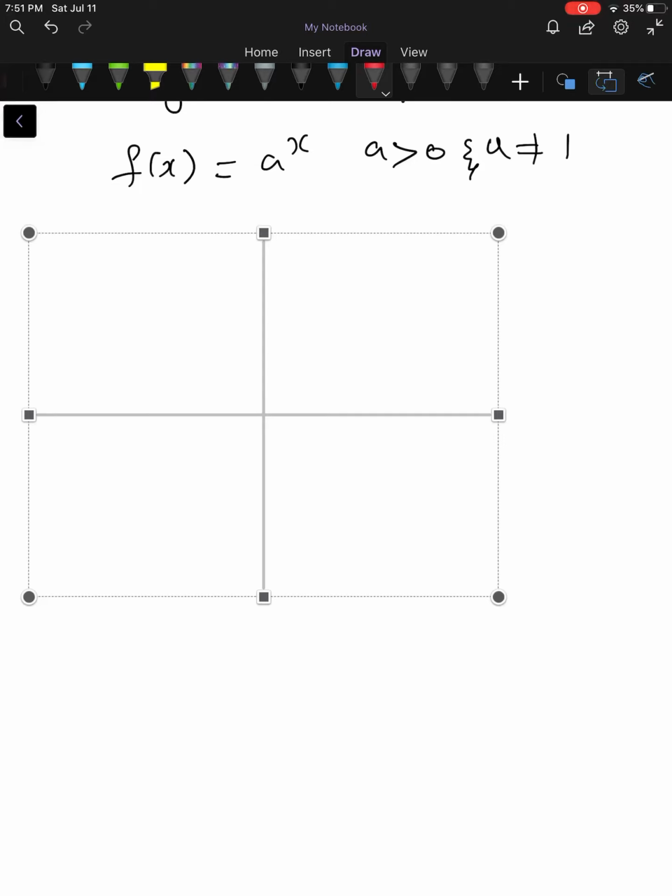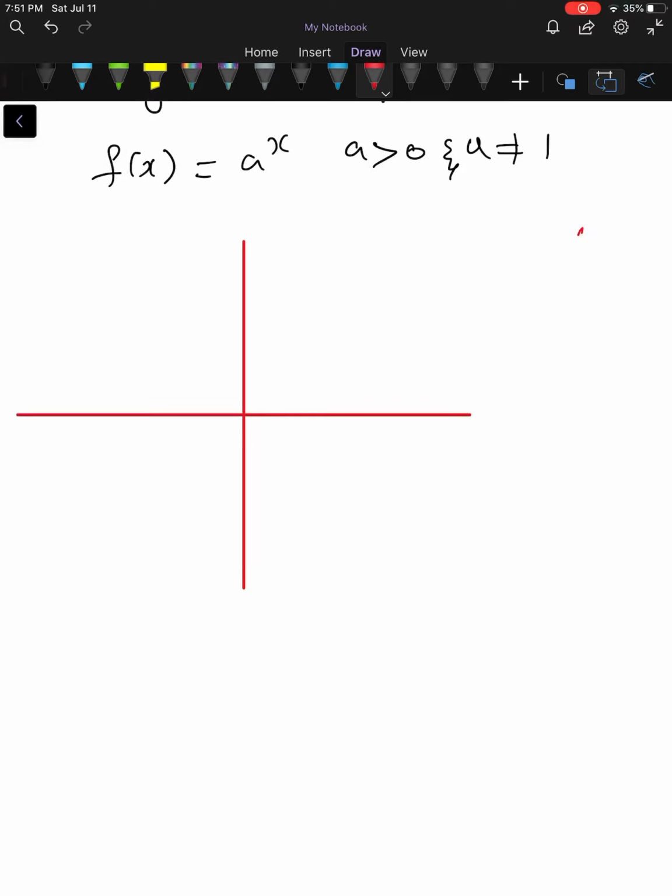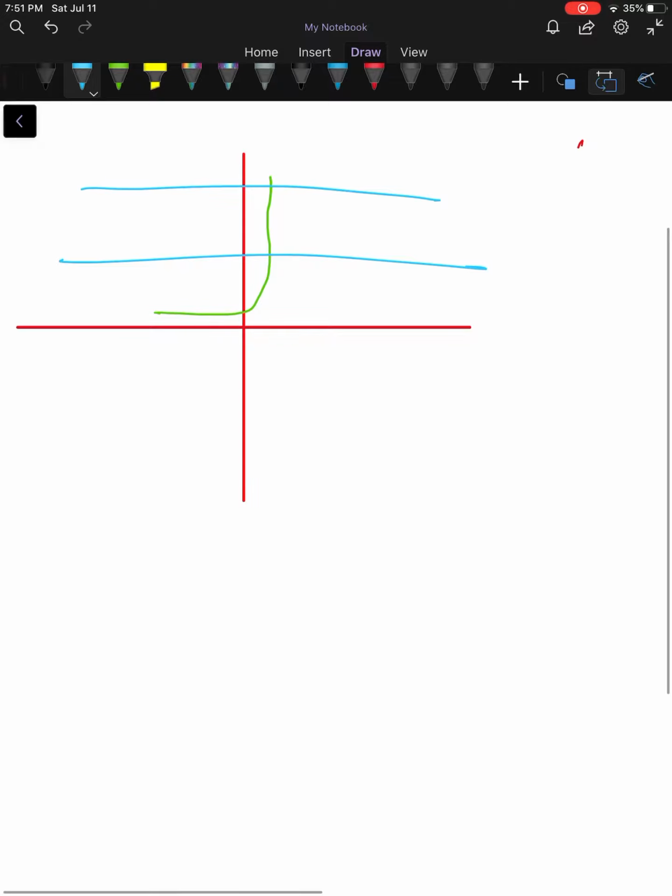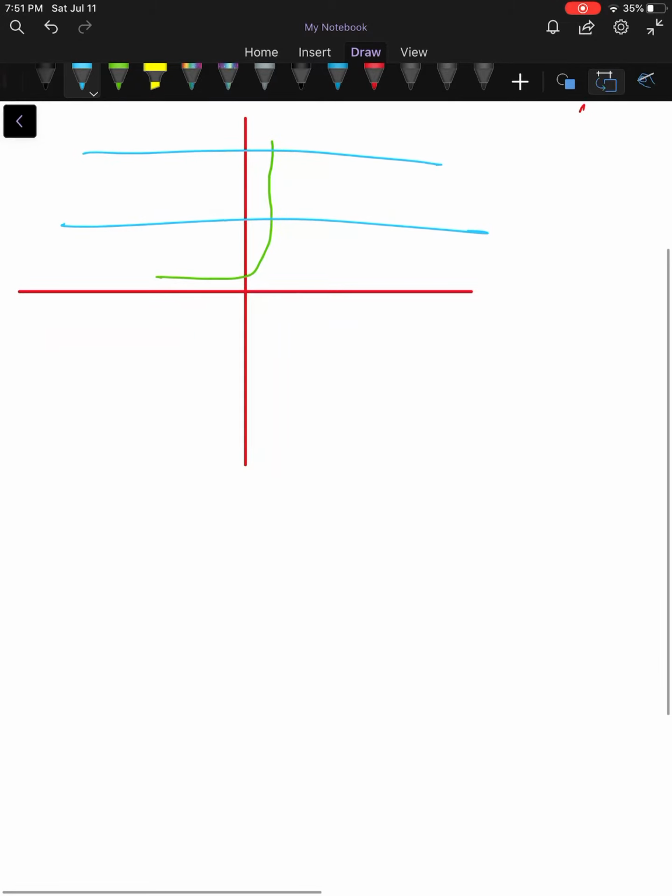An exponential function typically looks like this, or like this, correct? If you perform the horizontal line test, you can see that the blue lines touch the graph only at one point, therefore it is a one-to-one function, and therefore it has an inverse.